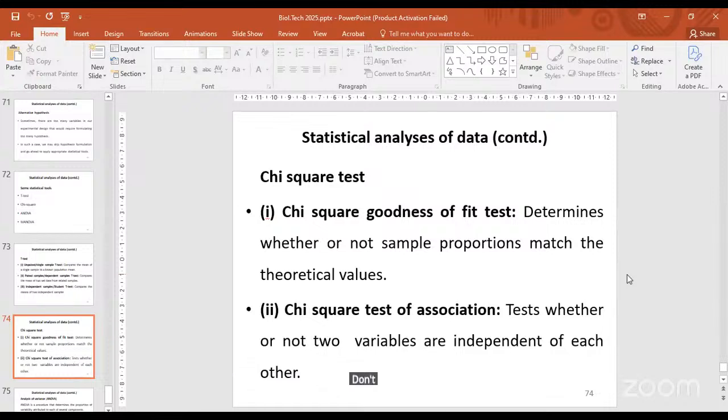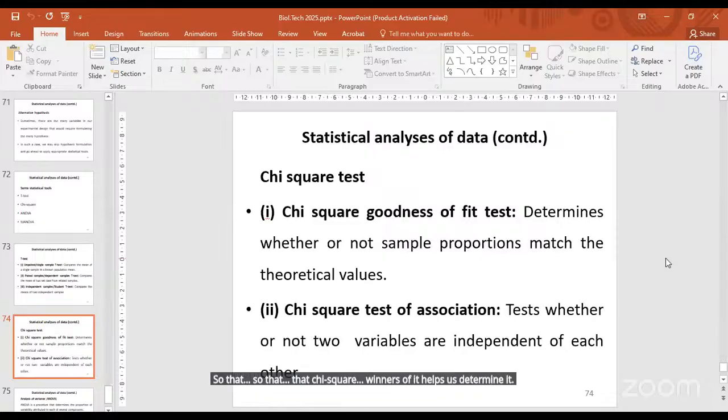Don't forget, when you cross two heterozygous parents, what proportions will be the result? So the chi-square goodness of fit helps you to determine it.